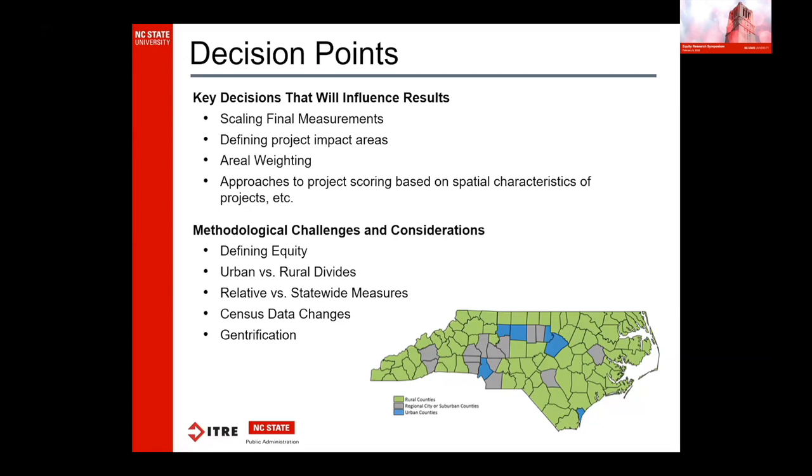Thanks, Chase and Joy. Given the rundown of the processes we've been working through so far, here are some key decision points that we've been noting and still working through.